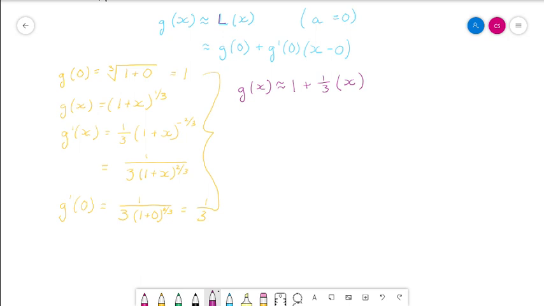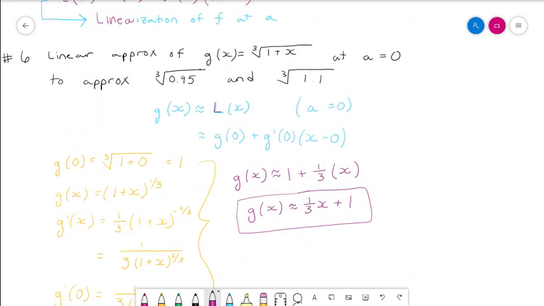Okay, so g of x is going to be approximated by 1/3 x plus 1, again, when x is around 0. Okay, so this part right here, this is the linear approximation. So that's the first part. Let's go up to the problem. That's this. That's the linear approximation of g of x at a equals 0.